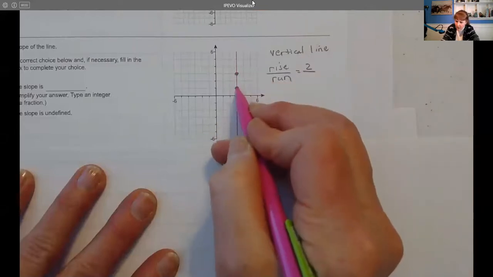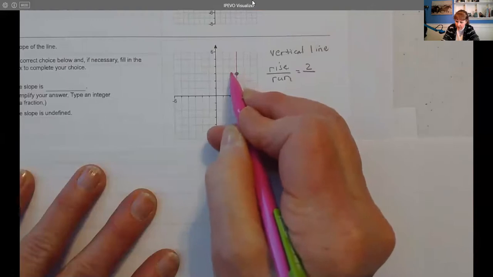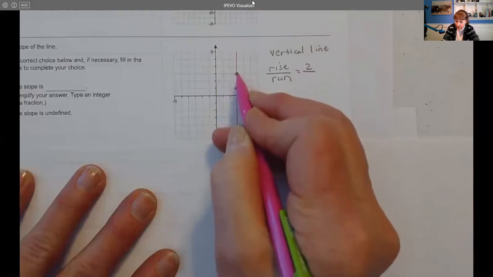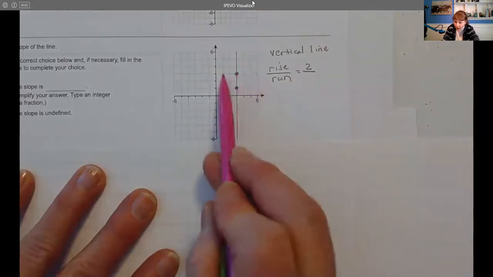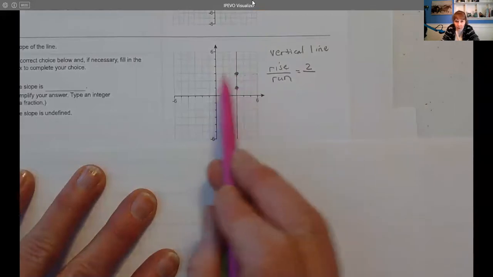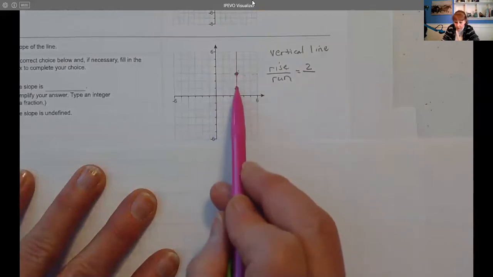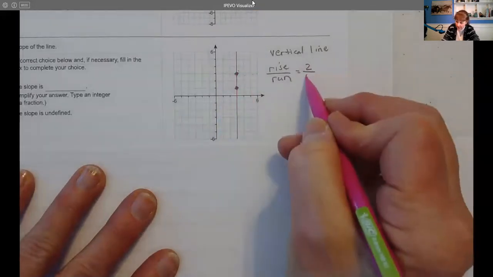How far across do you go to get from this point to this point? Are you going to the left 2, or to the right a couple? Well, you're not going right or left any. So there is no run. You did go up, but the run here is 0.